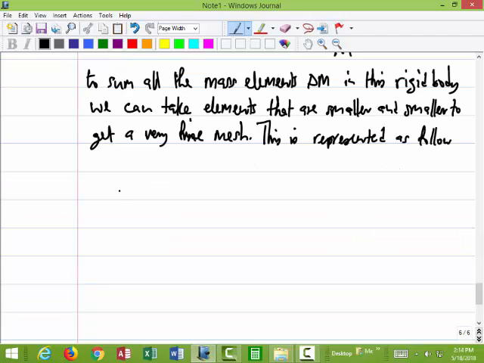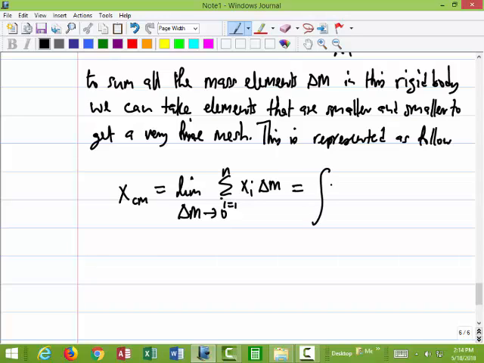So we can think of taking the tiniest mesh, which means we're taking the limit as delta m approaches 0 of the sum of all these elements x_i delta m, and this just gives us the integral of x dm, and then we have 1 over m, of course, like that. And we do the same for the y component.